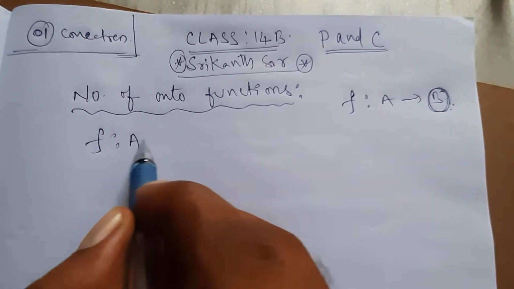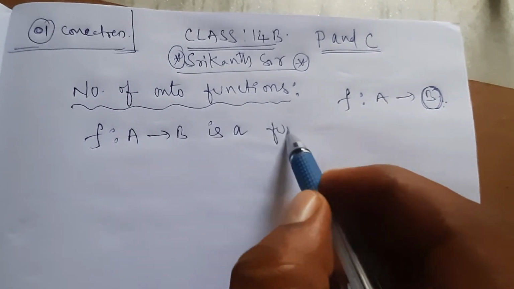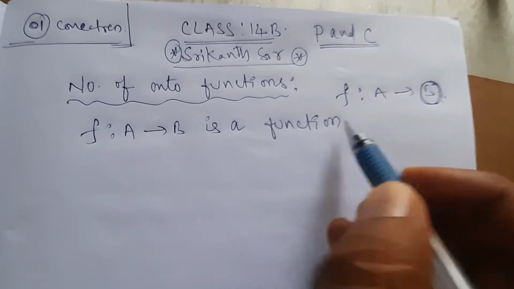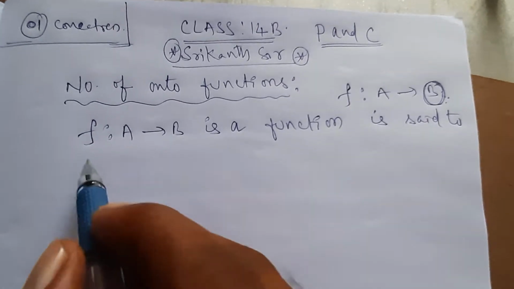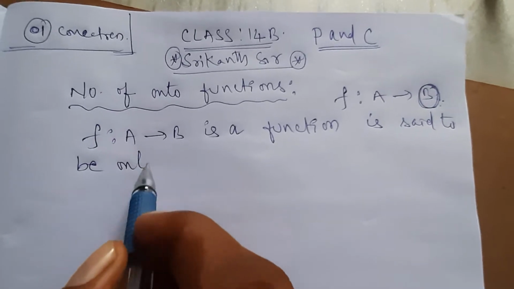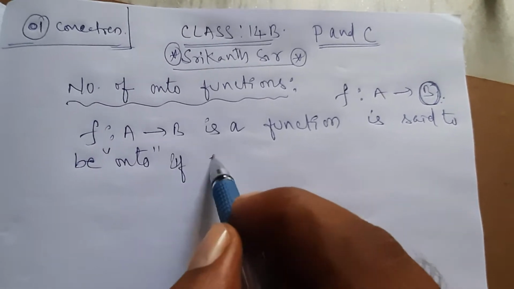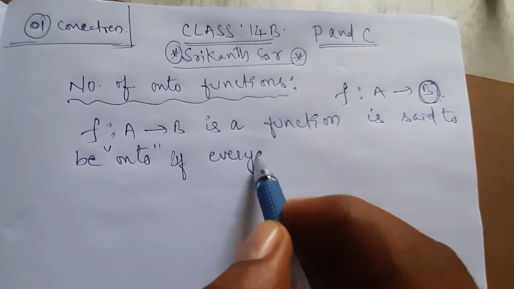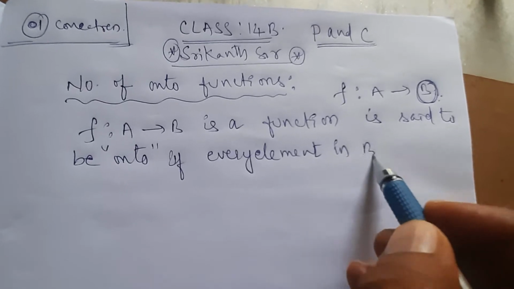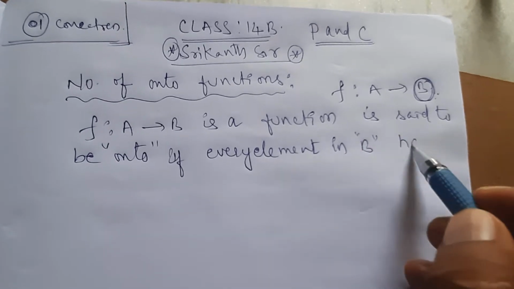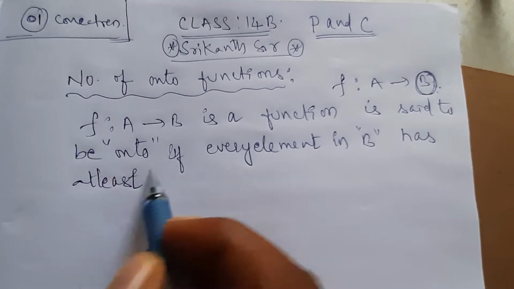If f from A to B is a function, it is said to be an onto function if every element in the set capital B has at least one pre-image.